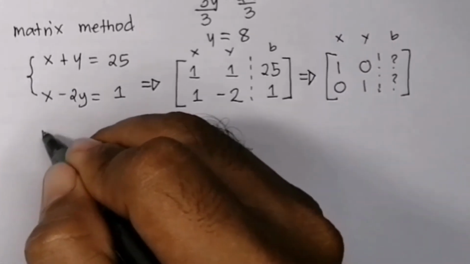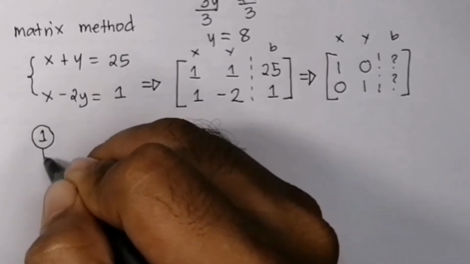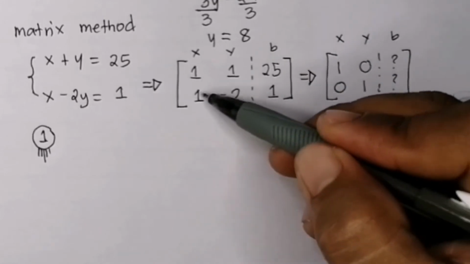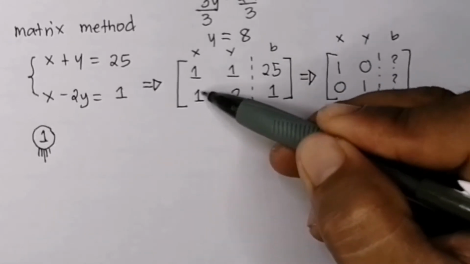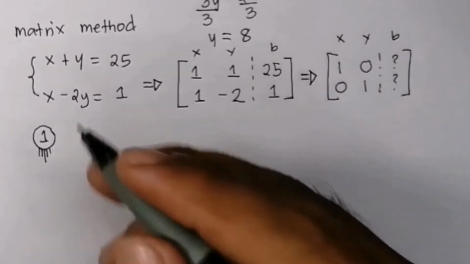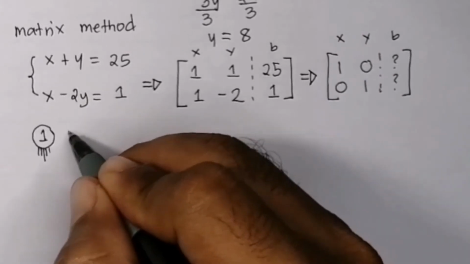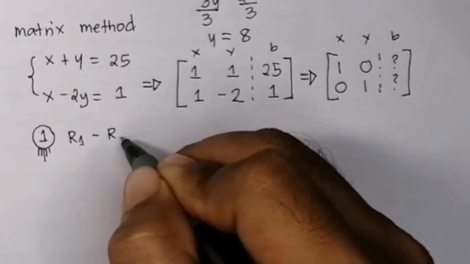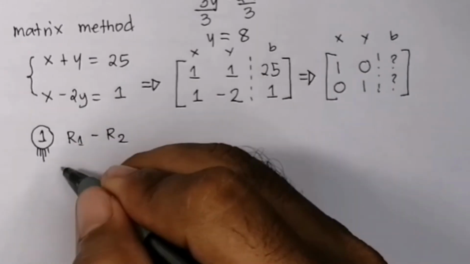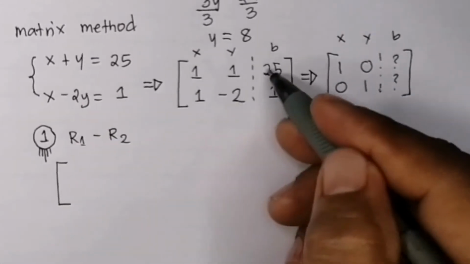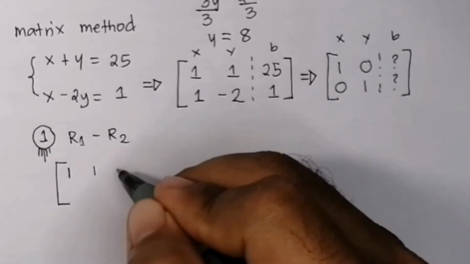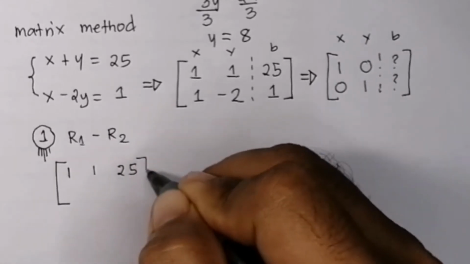Step number 1, we're going to cancel or make this 1 into 0. So row 1 is here, subtract it from row 2 here. If we use row 1, we must retain row 1 in this row.